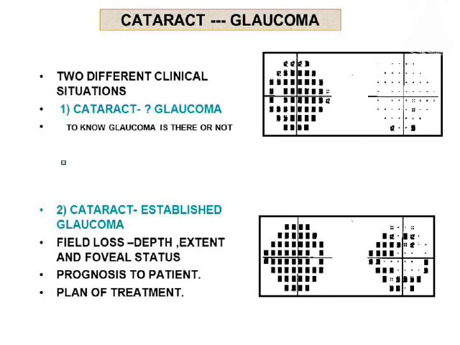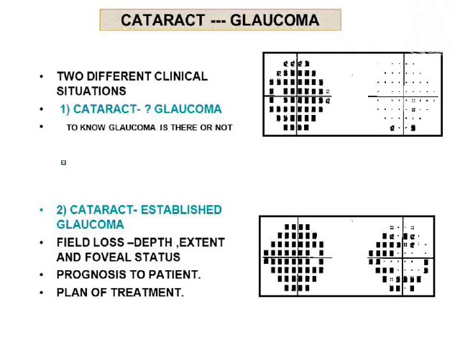Next comes the patient suspected of glaucoma with cataract. Suppose we see cataract and you suspect glaucoma. You know that cataract will have a uniform generalized depression, and the probability plot does not show any scotoma.